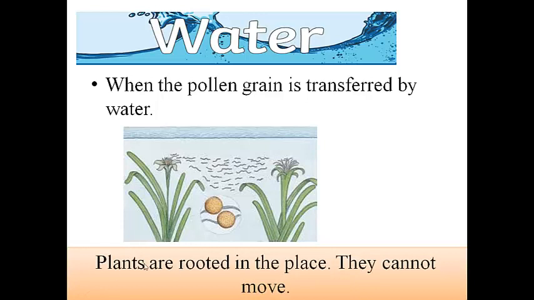Again, the same ideas are reflected below, that is, plants are rooted in the place, they cannot move. Hence, the external agents or pollinators such as water, wind, and insects are required in order to carry pollen grains from one flower to another.